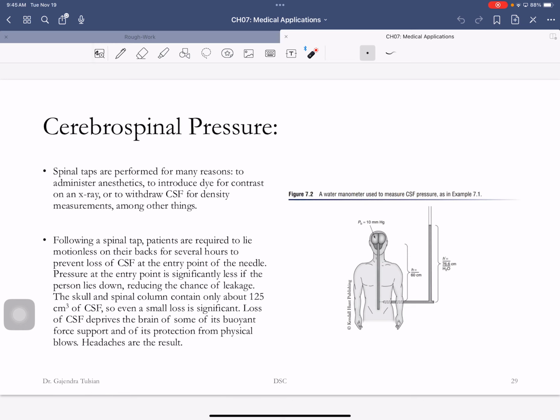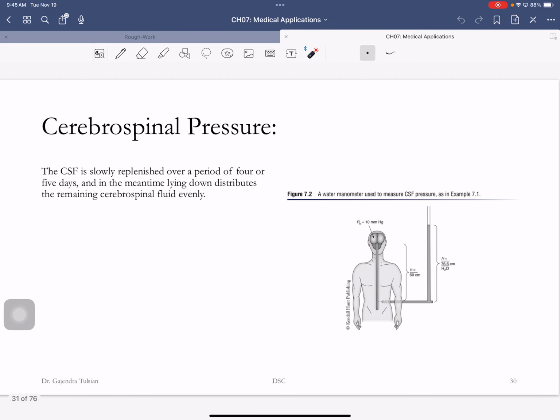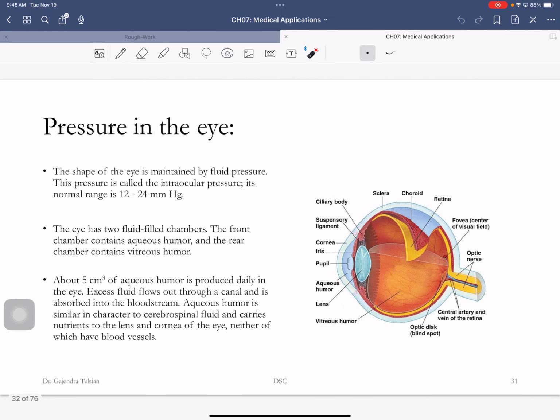Okay, so you can't lose too much of that. CSF replenishes over a period of 4 to 5 days. Okay. And in the meantime, lying down distributes the remaining CSF evenly. Okay, so if you have a leak there, you want to be lying down.